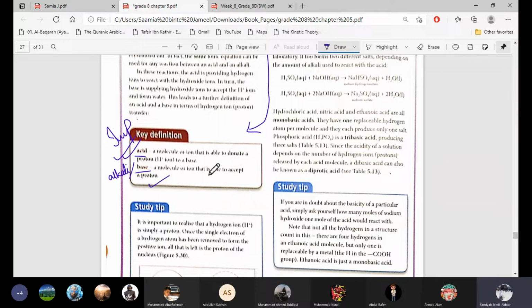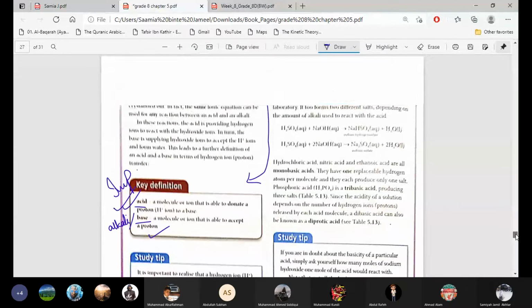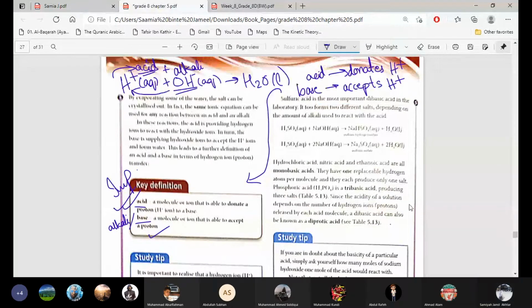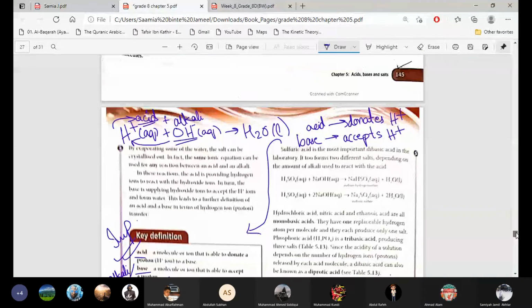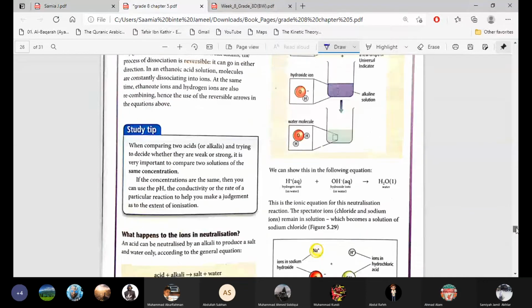Did you get it? Yes, ma'am. Now, do you remember that we studied it yesterday or not? The key definitions. Don't remember? You don't remember?